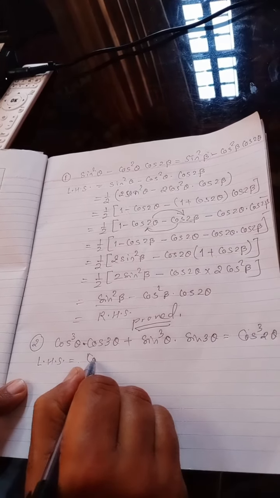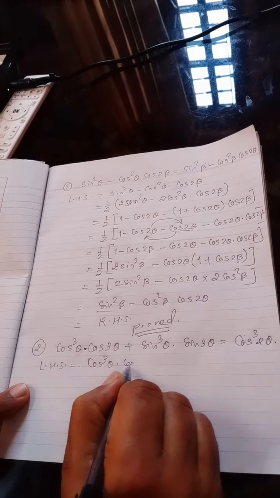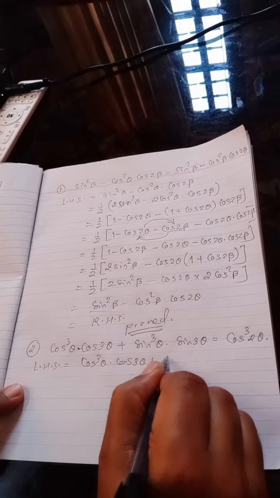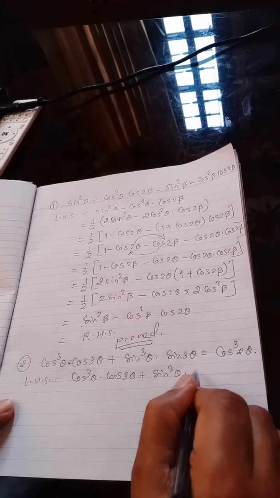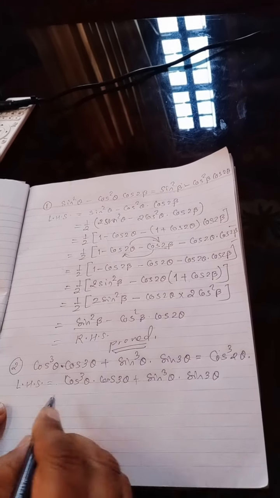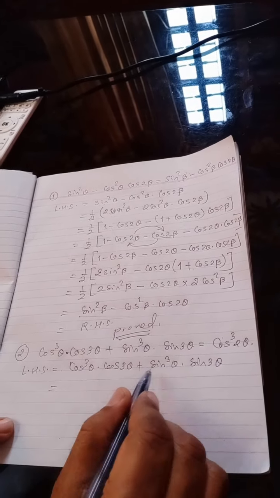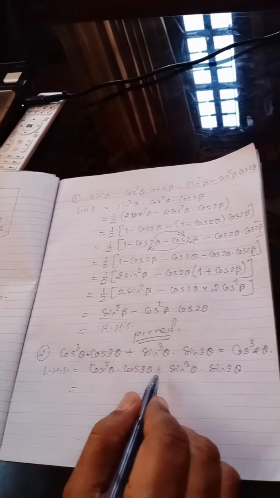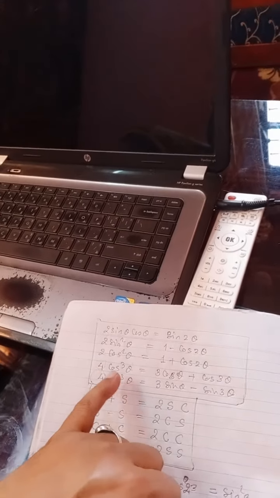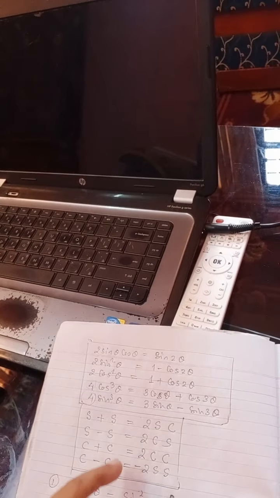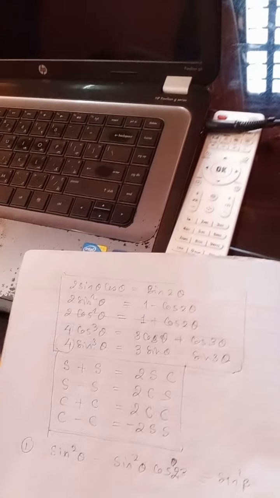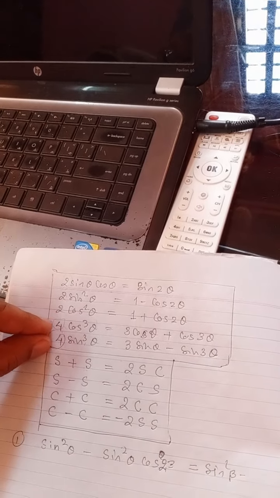Here is the cube. I have already told you, if there is a cube power in any trigonometric ratio, especially in sin and cos, then we have to use the coefficient 4.